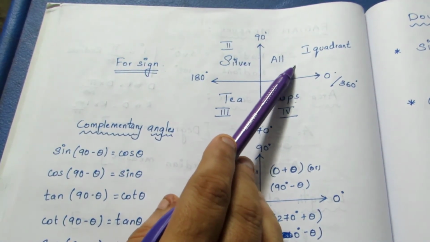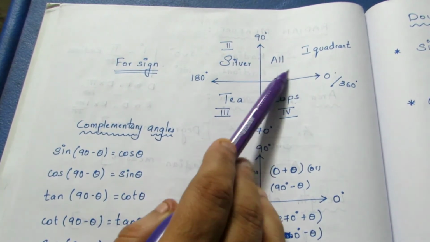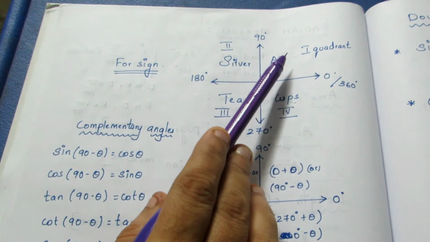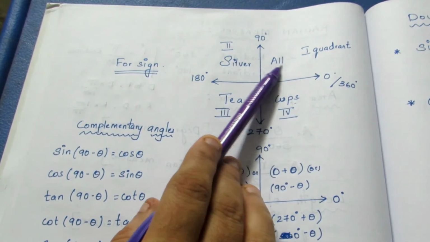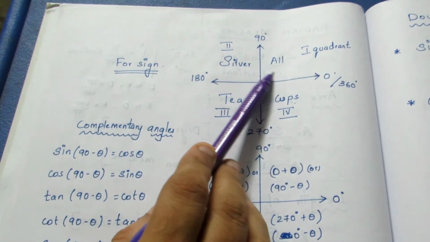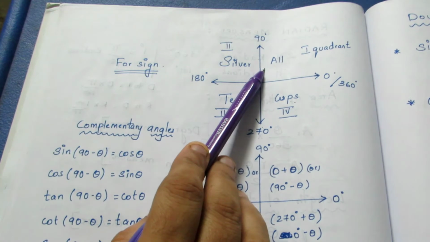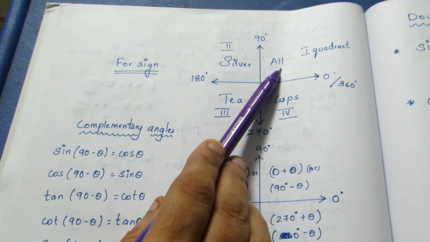So for sine, tan, cos, cosecant, secant, cot, for everything, if theta travels in this quadrant, it will be a positive value.